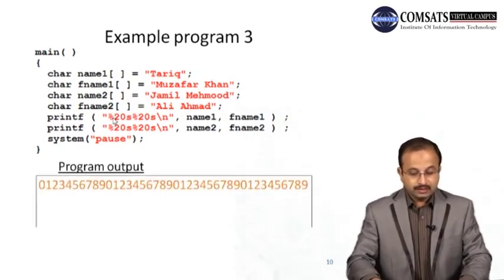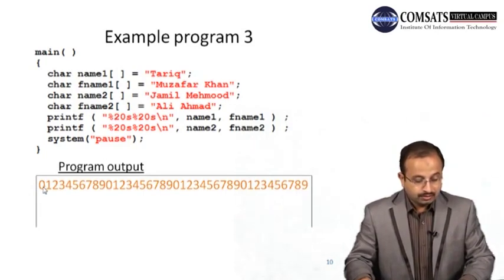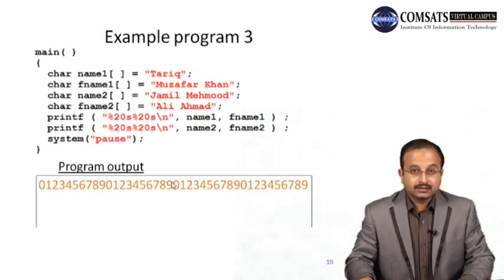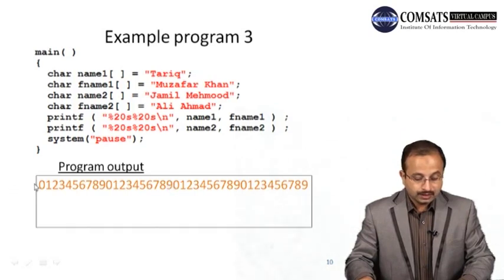So the output will be, if we have this 0 to 9 and 0 to 9, so these are the 20 spaces for 20 letters और कैरेक्टर्स. यहाँ से यहाँ तक 20 लेटर्स के लिए, यहाँ से यहाँ तक 20 लेटर्स के लिए. सो तारिक विल बी अपीयर ओवर हियर, राइट जस्टिफाई होगा.